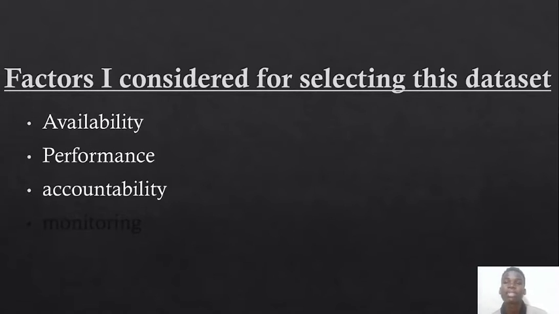Then the accountability is very nice because when we design our project, our system, who is going to be accountable if something goes wrong? Who is going to be accountable if a certain commodity is recommended and it is not supposed to be recommended? So we will have to put that on our data. Then another one, it is easily monitored.